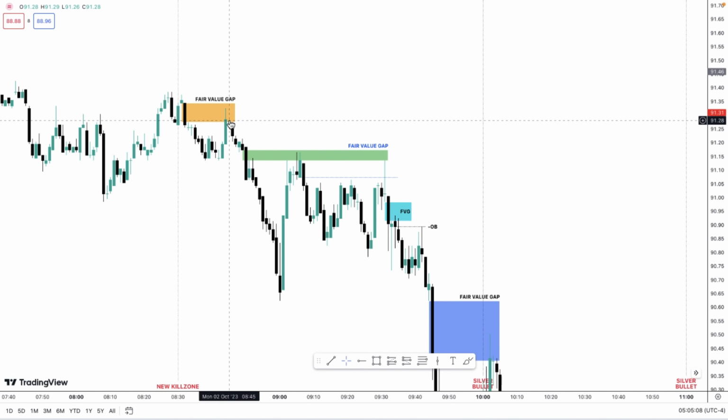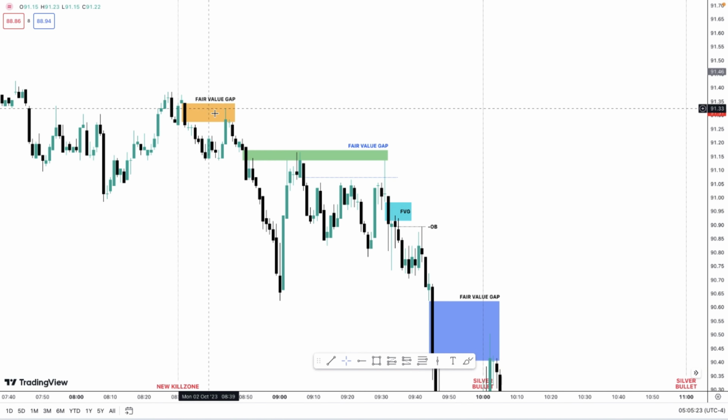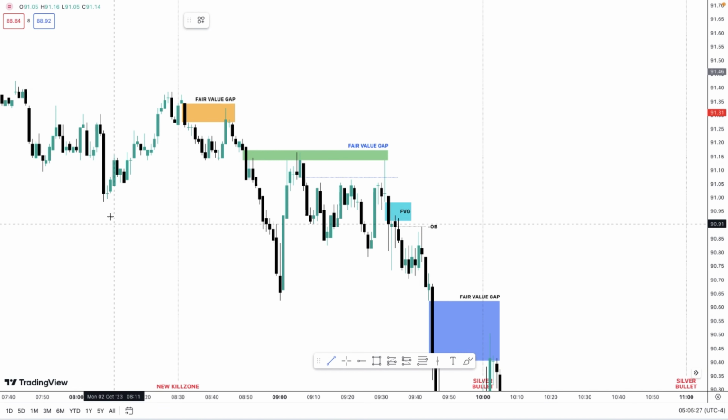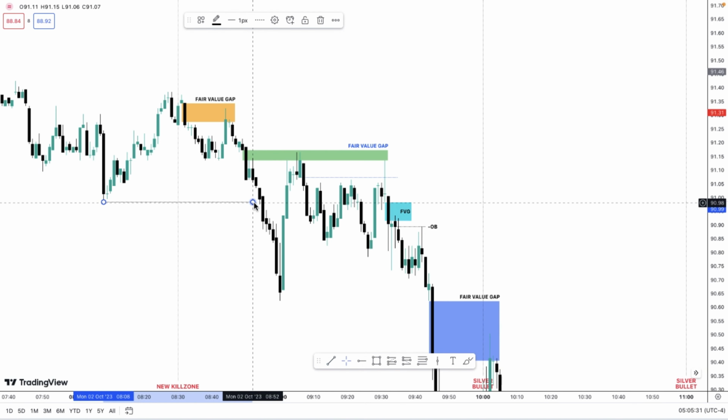Look at the bodies staying below the fair value gap. So that's a significant price. We have relatively equal lows here, sell side below this low. Price trades through that. It collects sell side liquidity below this low. Fair value gap here.